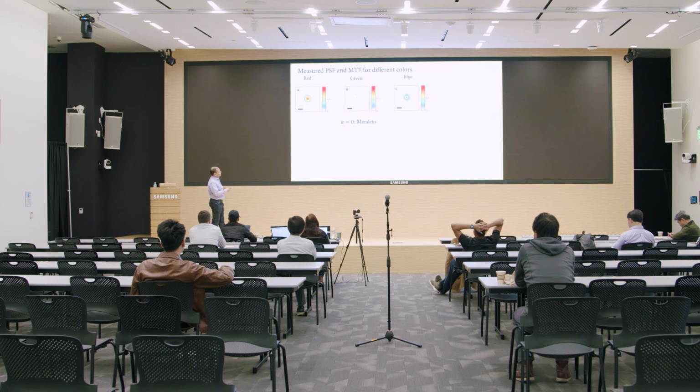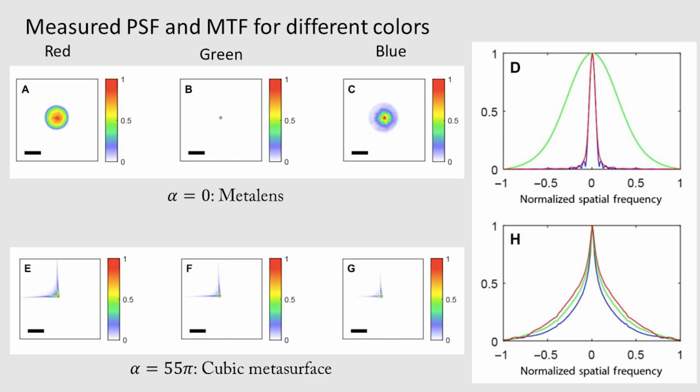Okay? So how does it look in experiment? In experiment, we put a sensor at the focal plane for green. Okay? And for the meta lens, as we expect, the green is pretty well focused. Red and blue look blurry. But when you use our cubic metasurface, they all look very similar. Now, the fact that they all look very similar is very important, because when you are actually imaging, you are not just capturing red light, green light, and blue light.